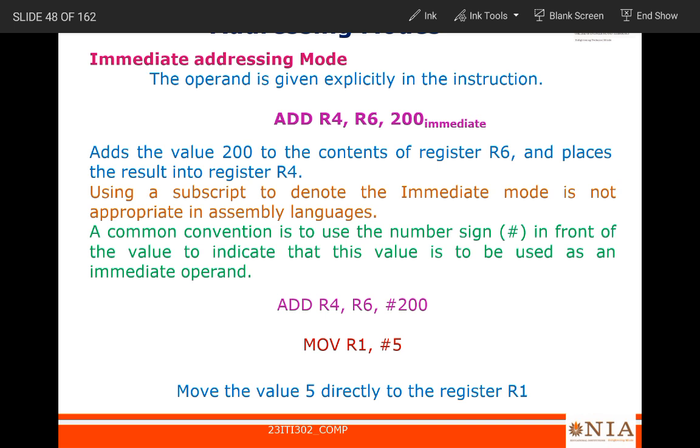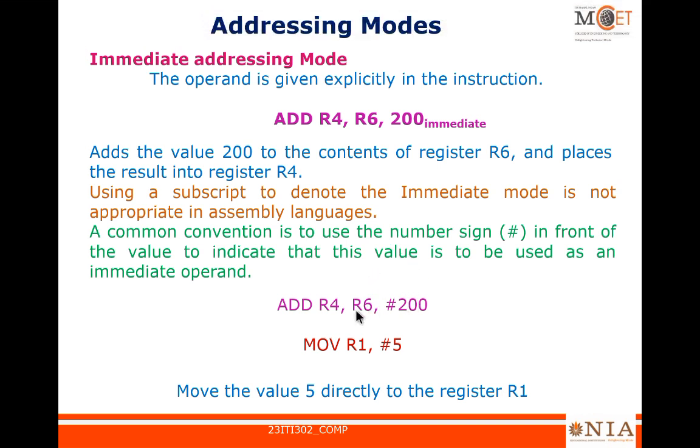Here hash 200 is the immediate value. This defines that we need to add the value 200 to the content of register r6, and then we place the result in the register r4. Here r6 is the source and r4 is the destination register. The next instruction is move r1 hash 5, which simply says that the value 5 will be directly moved to register r1.